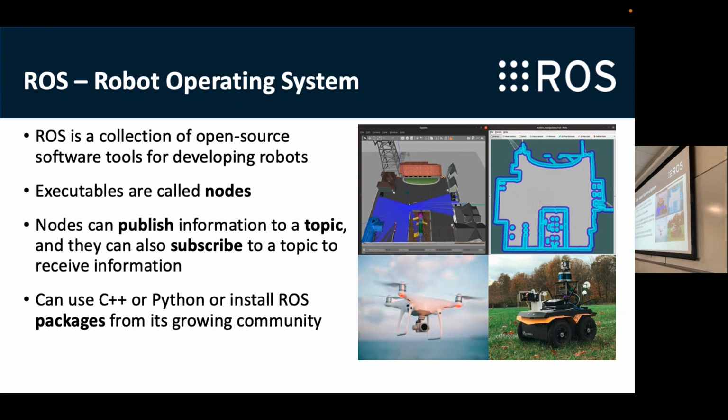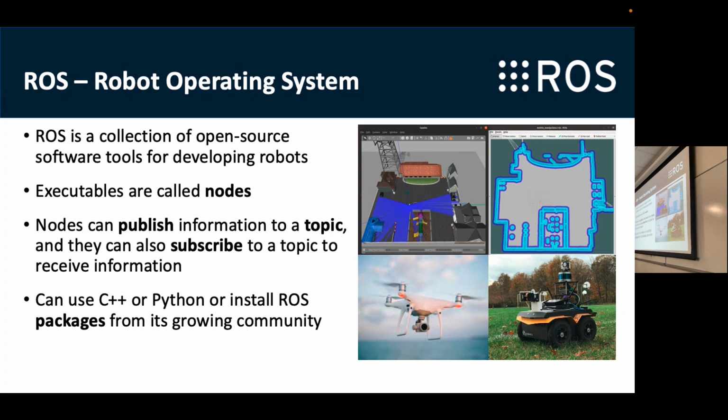So the way that ROS works is that you have an executable, which are called nodes, and each node publishes information to a topic. Nodes can also subscribe to a topic to receive information. So a topic just gives details about what's going on, and that way each of the nodes are able to talk to each other and figure out what to do based on that.